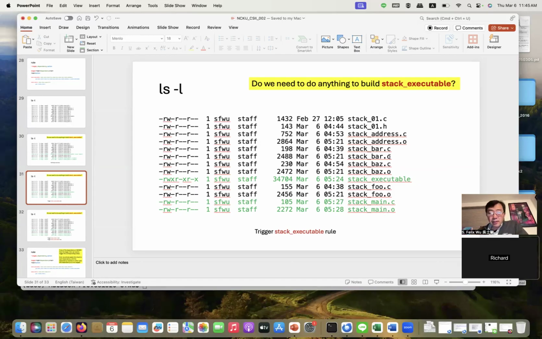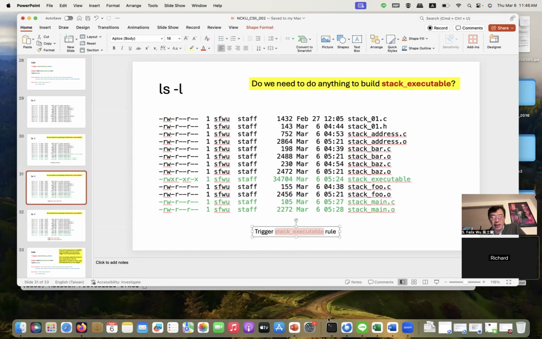However, the stack executable's timestamp is older than stackman.o, which means that stackman.o was produced after you produced the previous version of stack executable. Okay, in this case, it will not trigger stackman.o, but it will trigger the stack executable rule.